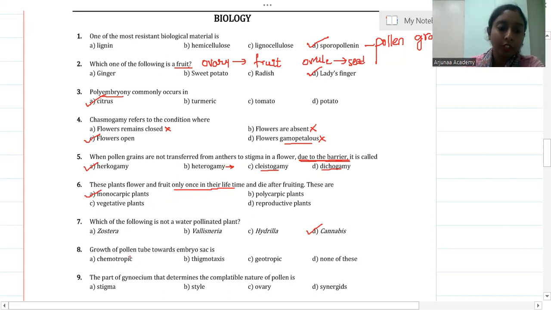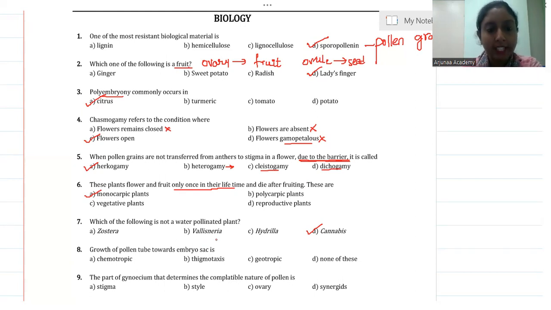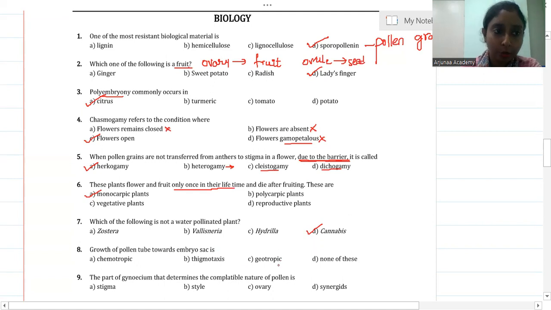Then growth of pollen tube towards embryo sac is. We know when the embryo sac is developed and then pollination happens, the pollen grain will land on the stigma. Once it lands, the pollen germinates and there is formation of the pollen tube. That pollen tube has to enter inside the embryo sac.